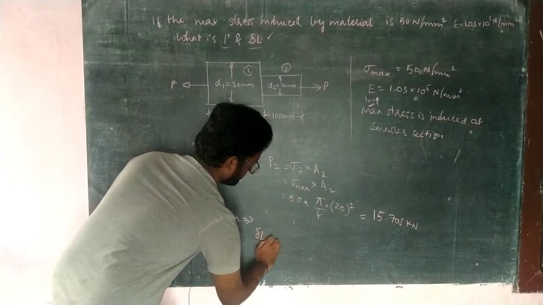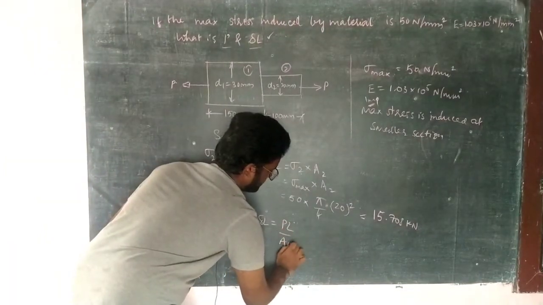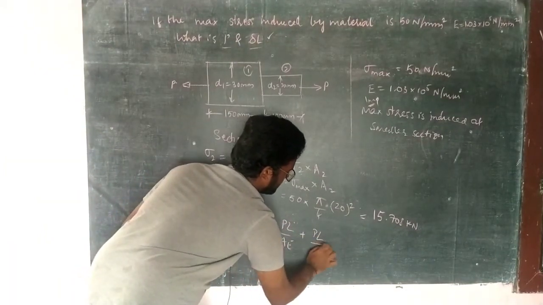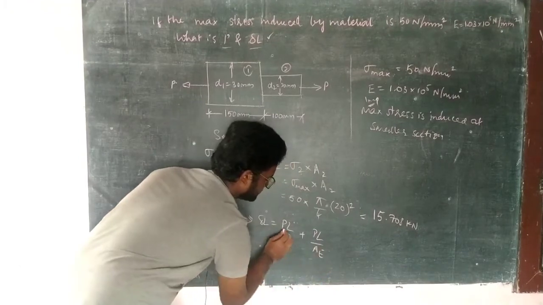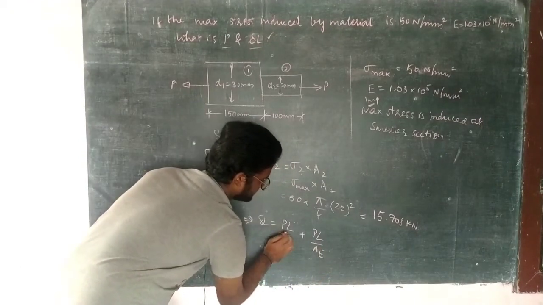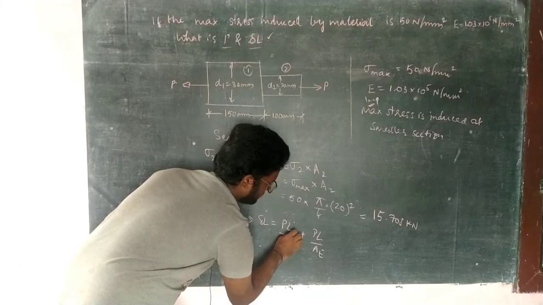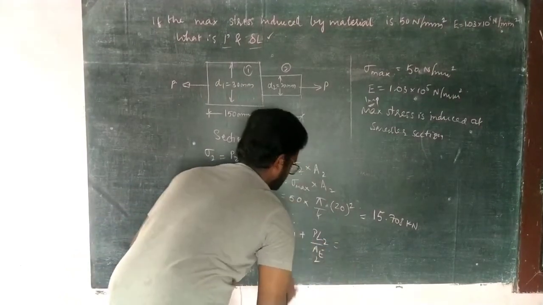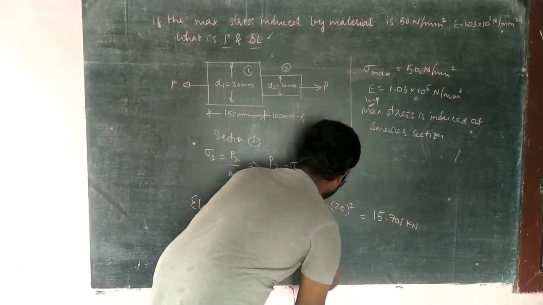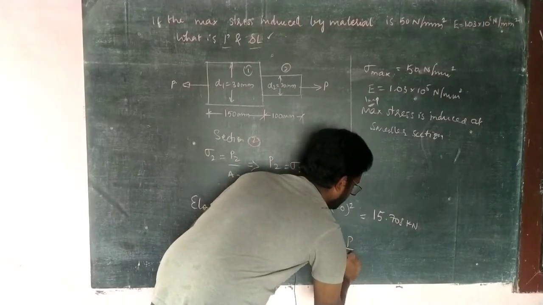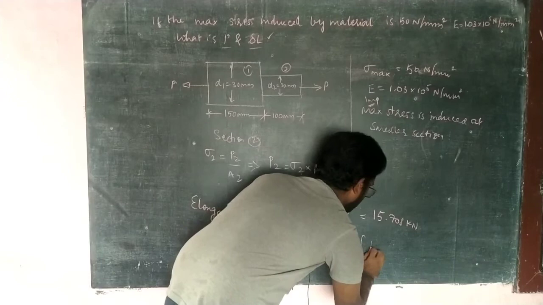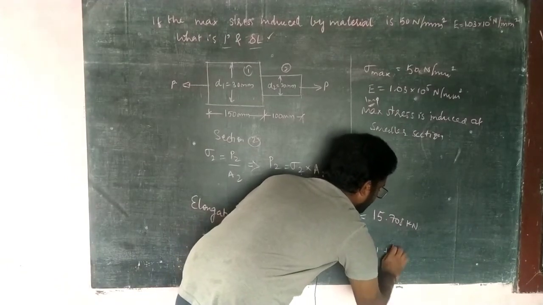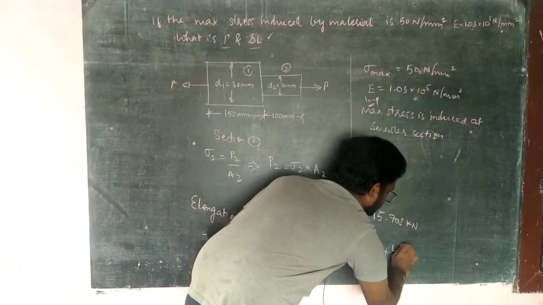Delta L is equal to PL by AE plus PL by AE. So this is for the first one. P is the same and E is the same. Only L and A will vary. So if you take P and E as common, P by E, L1 by A1 plus L2 by A2.